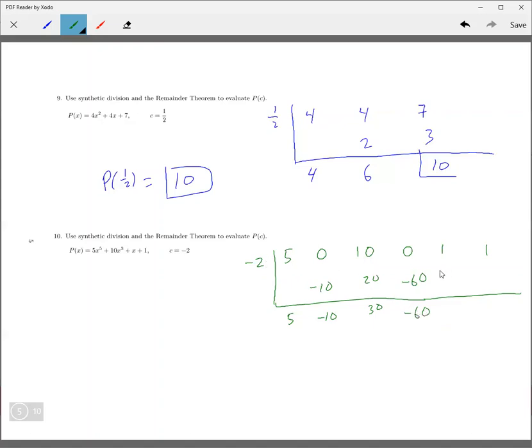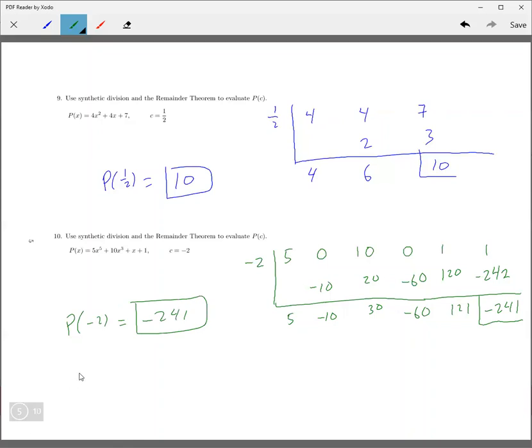2 times 60 is 120. Add, that's 121. Multiply these together, that's negative 242. Okay, adding that together gives you negative 241. That's the remainder. So P of negative 2 is negative 241.